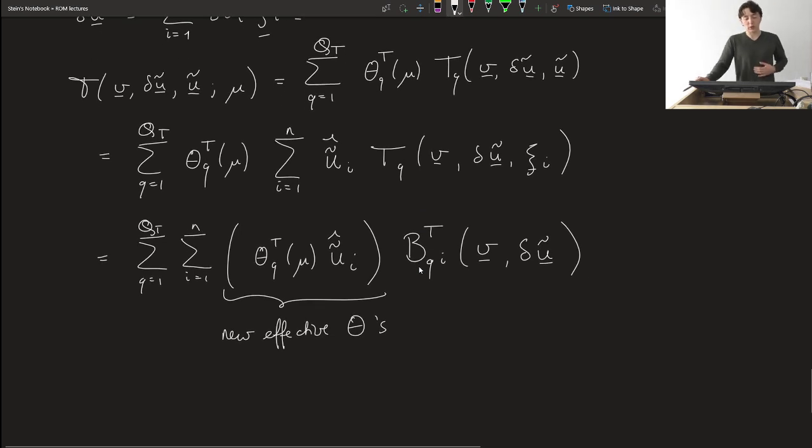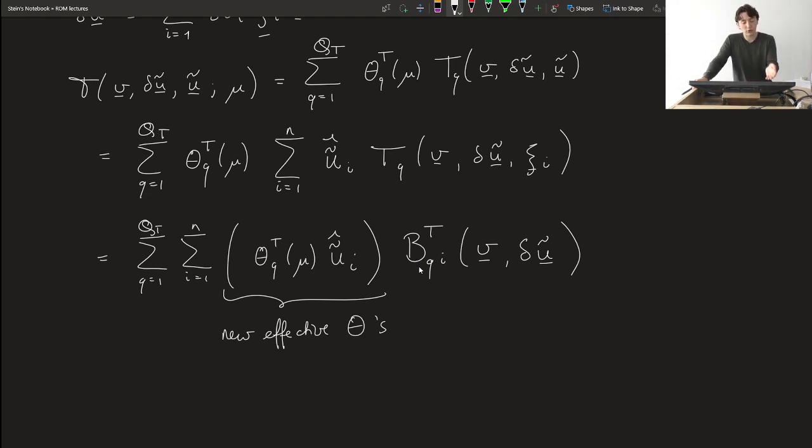Now, it should also be noted that clearly the number of terms that I'm going to need is equal to Q_T multiplied by n. Suppose that our trilinear form initially had 5 components in the affine decomposition due to the parameter variability in our parametric partial differential equation, and suppose that we have 25 different bases in our reduced basis method.